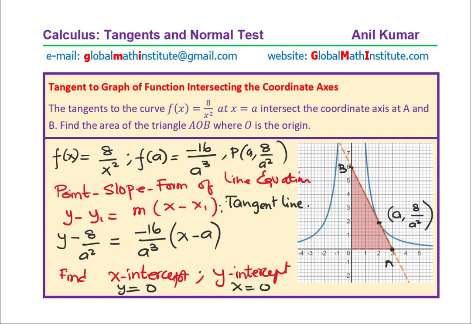Perfect. So let's simplify this equation. Let me write this as one equation of the tangent line, right? So let's find the intercepts.